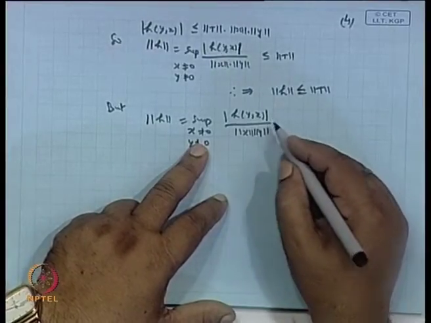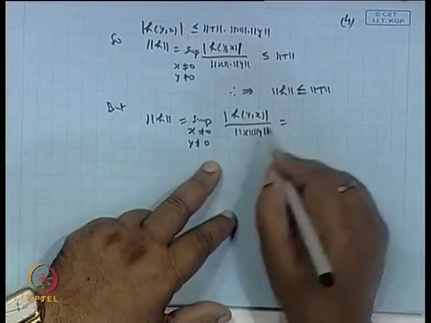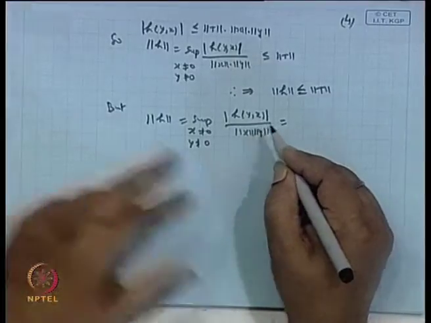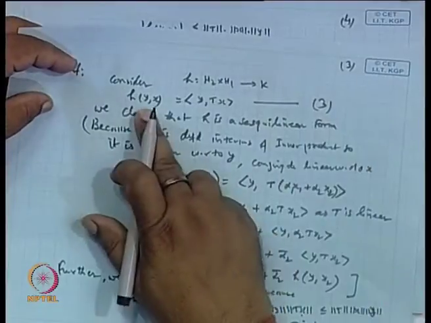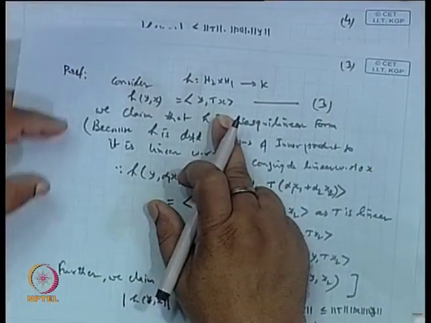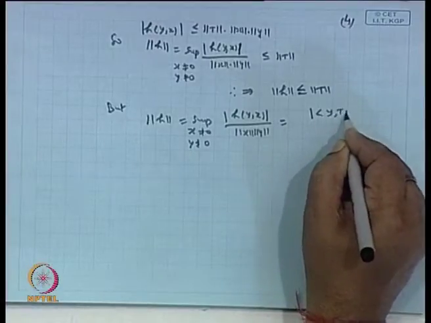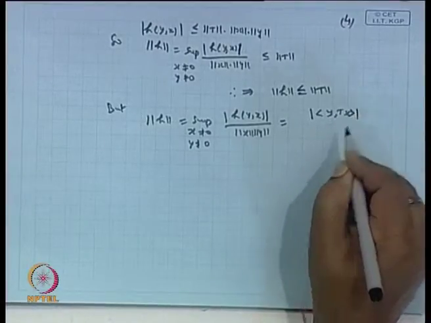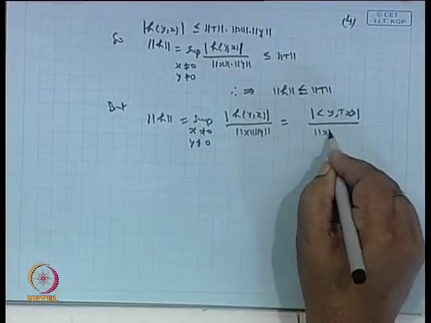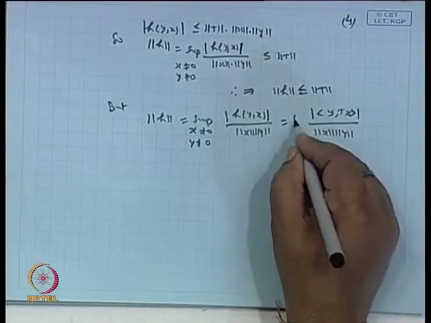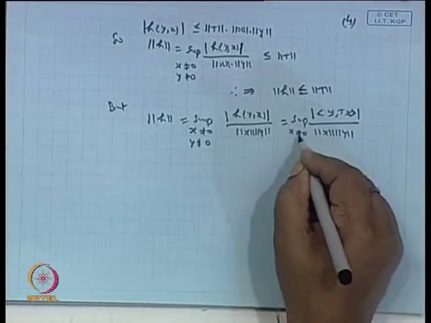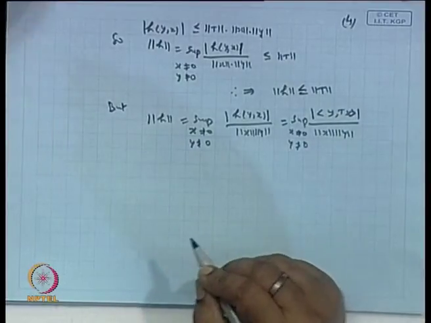According to this, H of x, y is nothing but the modulus of the inner product of y and Tx. So, this is equal to the inner product of y, Tx divided by norm x, norm y. The supremum is taken when x is not equal to 0, y is not equal to 0.